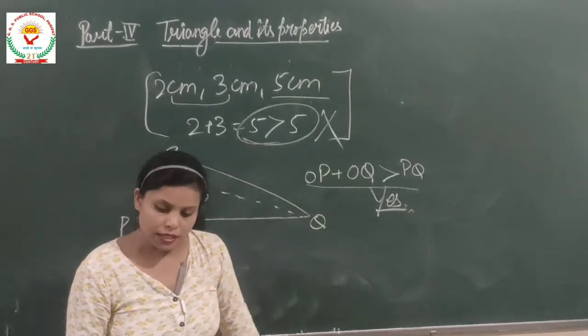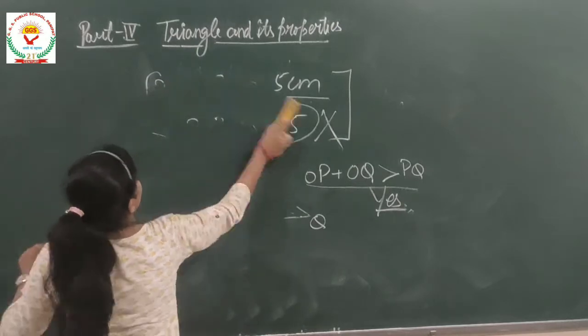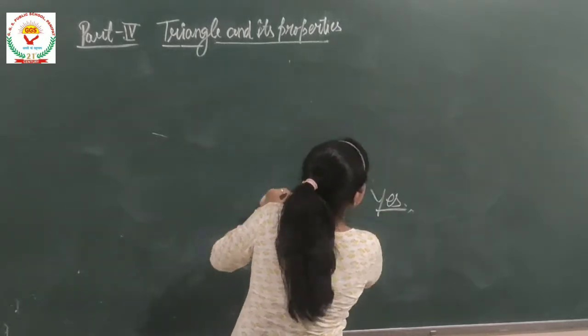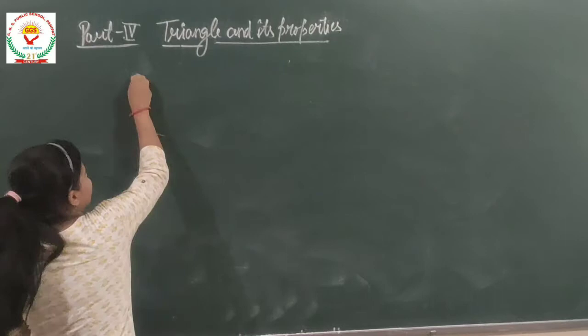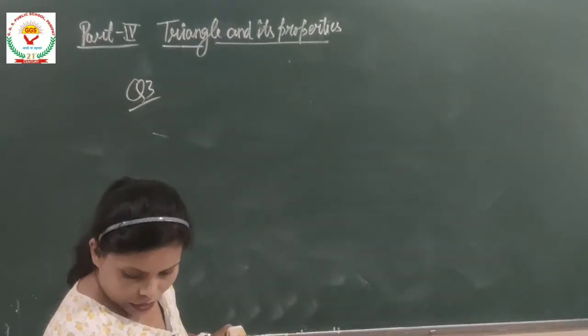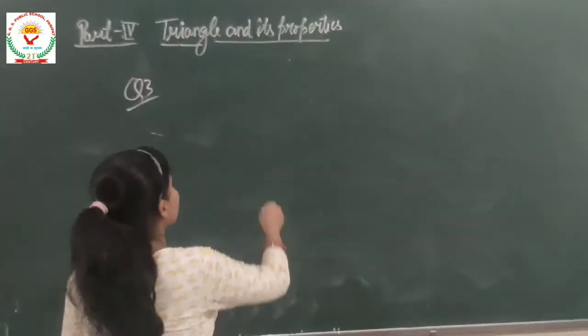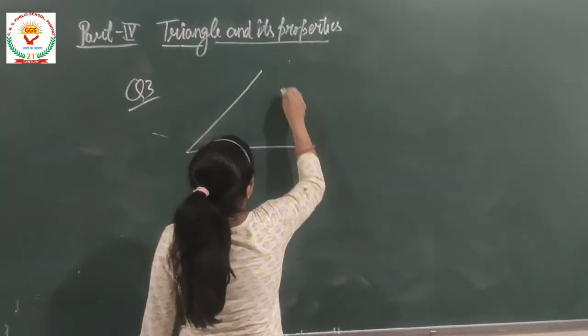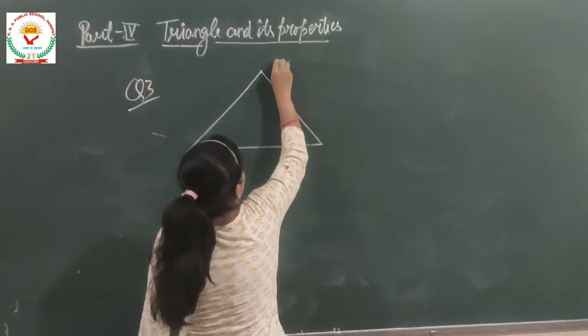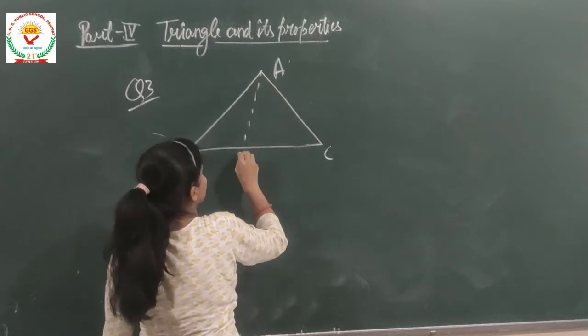Alright, let's do question number 3. Question number 3 is, AM is the median of the triangle. So this is the triangle given, A, B, C, and this is the median.